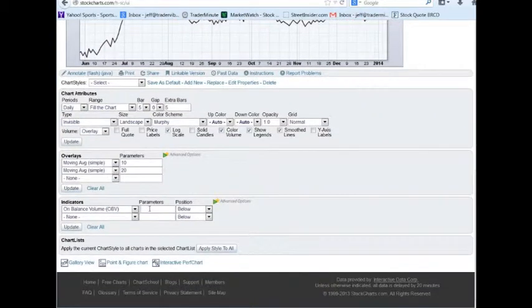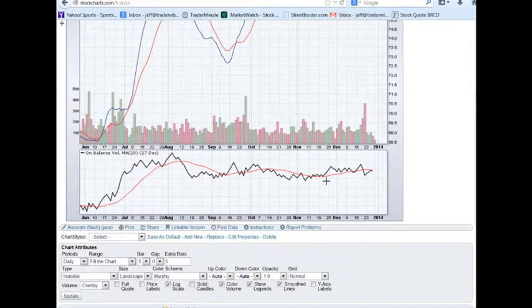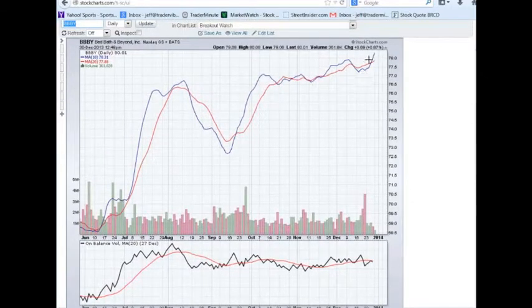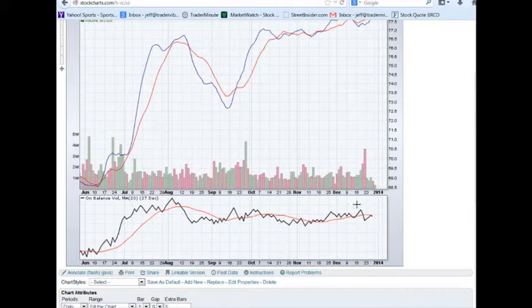A lot of times you can add a moving average, so I'm going to put a parameter of 20 here. This puts an on balance volume with a moving average of 20. If your volume starts to accelerate to the upside, what does that mean? Well, your stock's breaking out. Here we have Bed Bath & Beyond, whose stock price is breaking out, but we don't have volume confirming that.